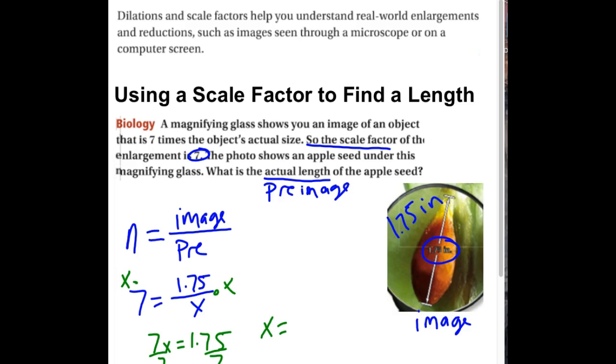And the length of our actual apple seed then should be 0.25. Now this is a context problem and we are talking about the length of an object, so there should be a label with it, units. Think back to what units they're using in the magnifying glass, and we want to continue with the same units here. Inches. It's 0.25 inches or 1/4 of an inch.